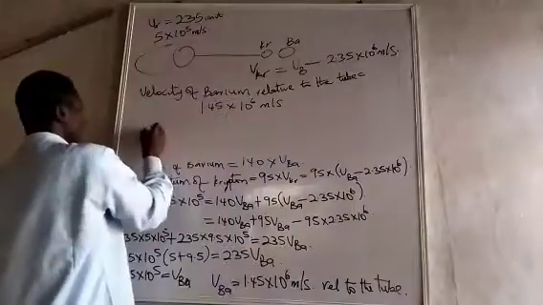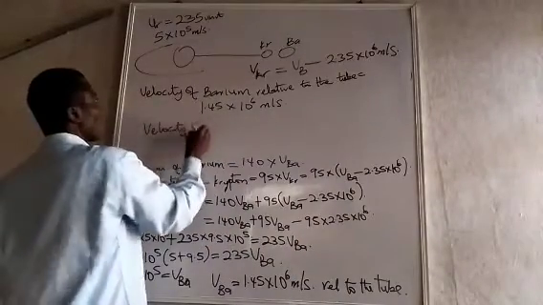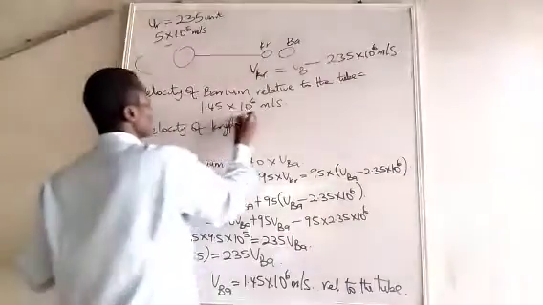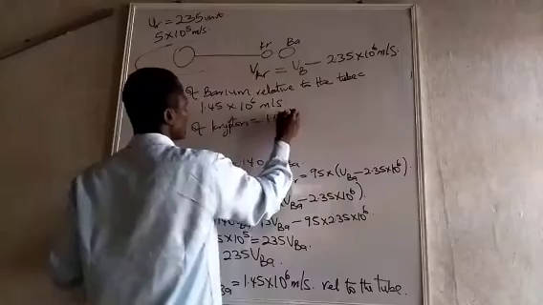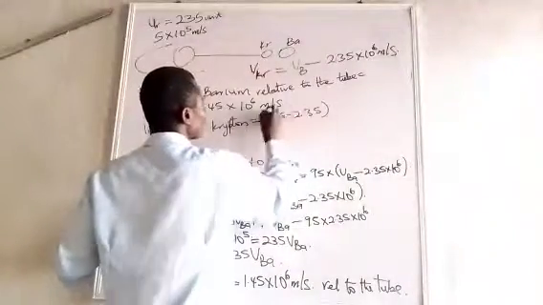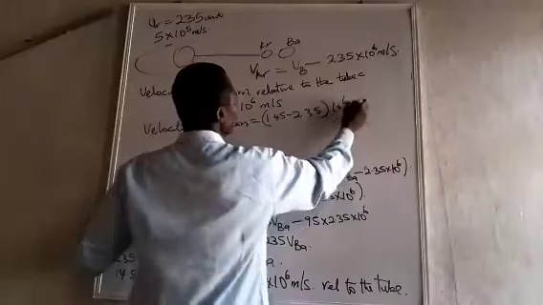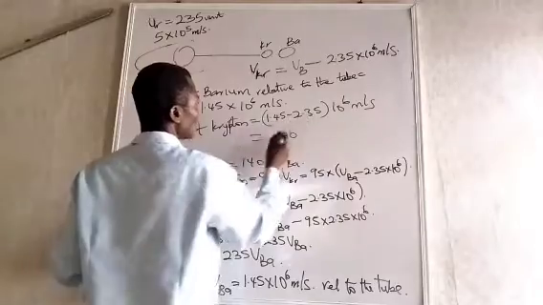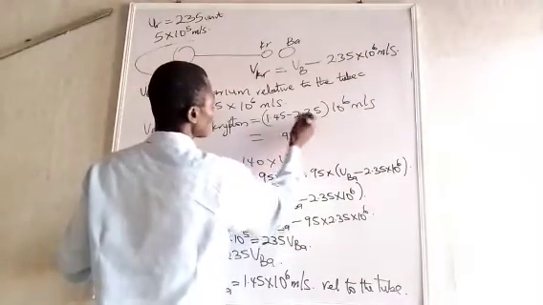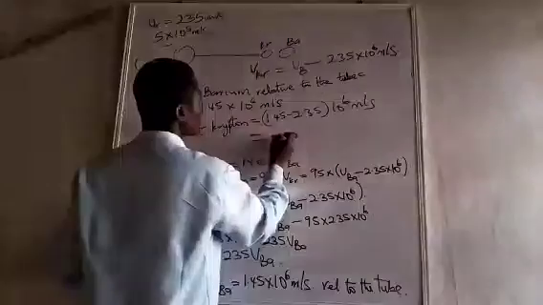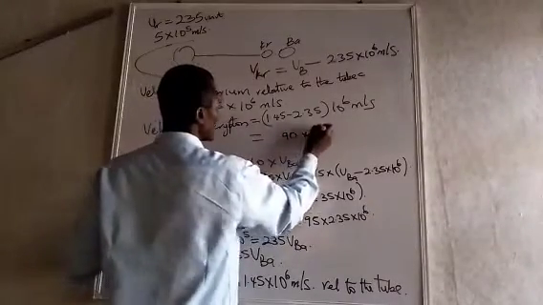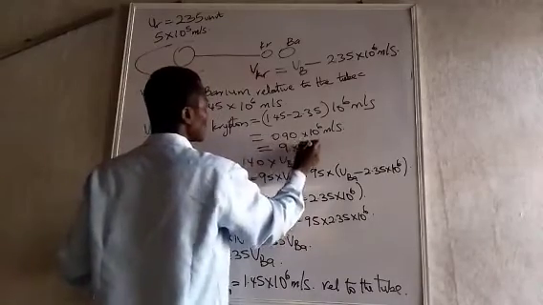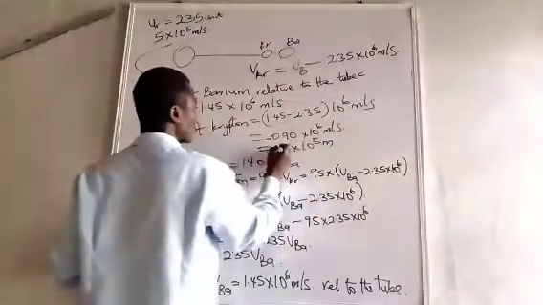From here, the velocity of krypton is equal to 1.45 minus 2.35, times 10 to the power 6 meters per second. You can see that this one is minus 0.9 times 10 to the power 6, which is equal to minus 9 times 10 to the power 5 meters per second.